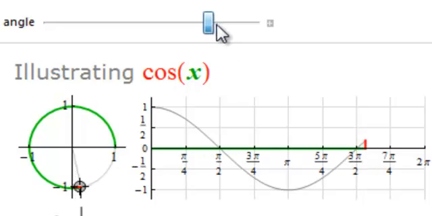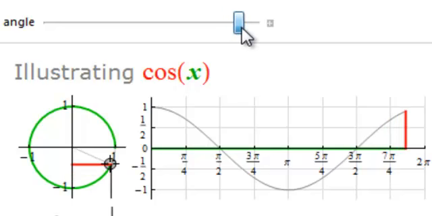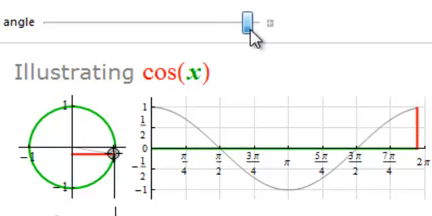And as we move in this direction and get closer and closer to 2 pi, we see that we are approaching 1 again. And then it's just going to continually repeat itself as it goes around the circle in either direction.